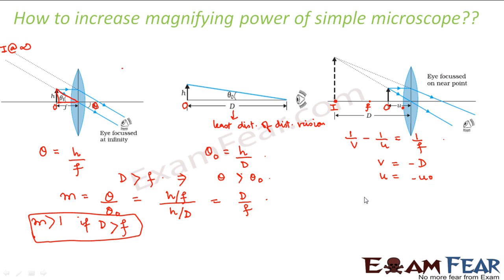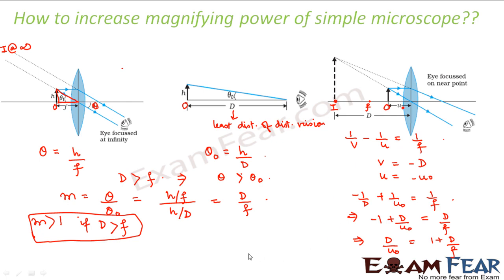Therefore, we can write minus 1 by D plus 1 by u naught is equal to 1 by f. Now, if I multiply D on both sides, we get minus 1 plus D by u naught is equal to D by f. Or we can say D by u naught is equal to 1 plus D by f.